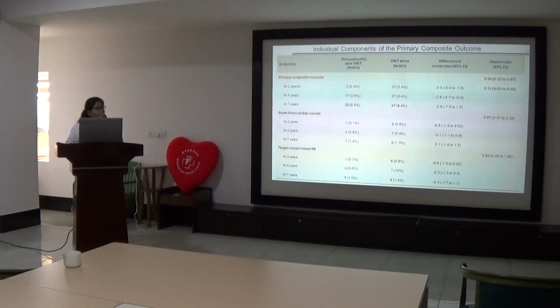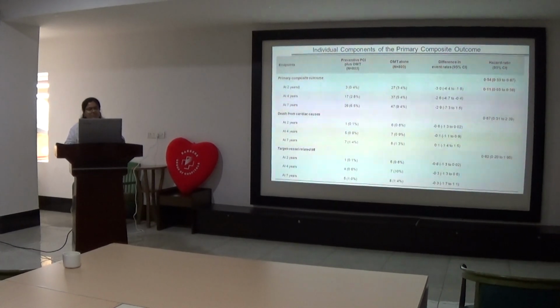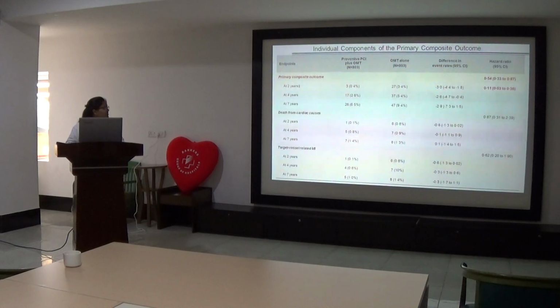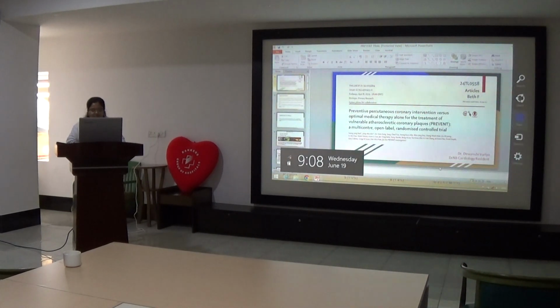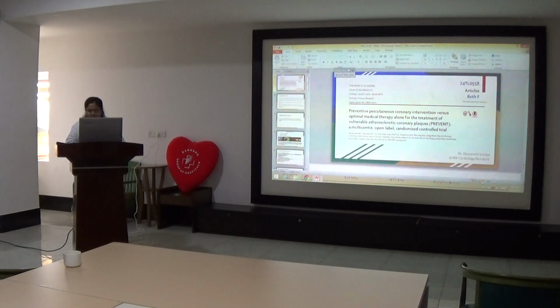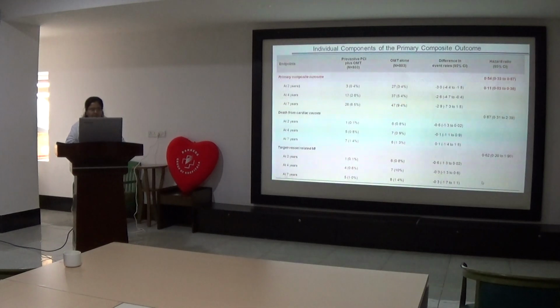Individual components of the primary composite outcome. Again, same mention: at 2 years it is 0.4 and 3.4. Death from cardiac causes becomes equivalent with PCI as well. Only target vessel related MI at 7 years, it is a difference like 1% and 1.4%.